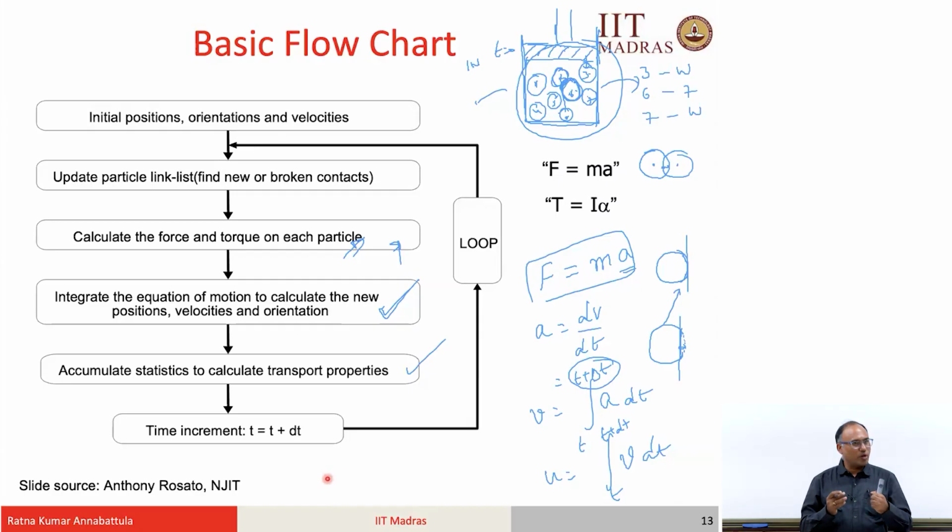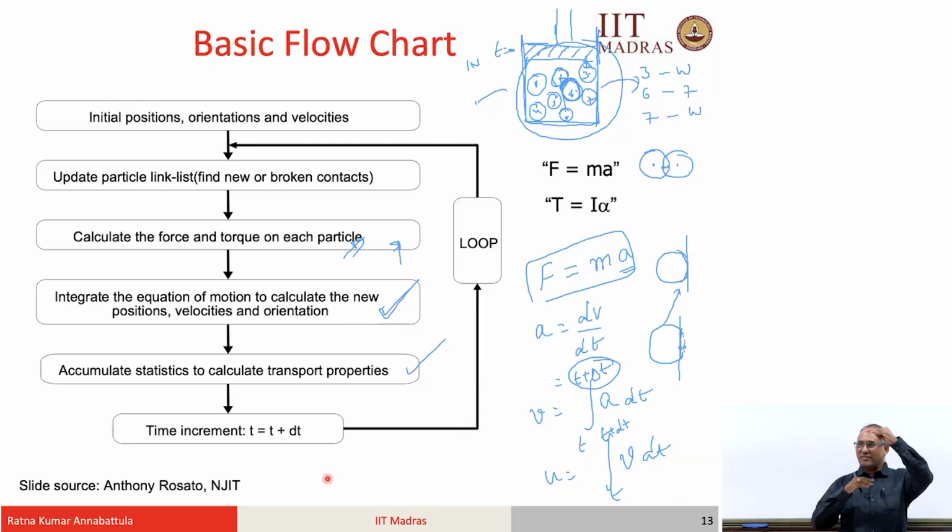Yesterday Professor Zhao talked about fabric. We will see what we mean by fabric and how we go about defining it. It tells you about the overall anisotropy of the system. Is the anisotropy of the system changing? These are all the properties that you can get access to by looking at each and every particle.